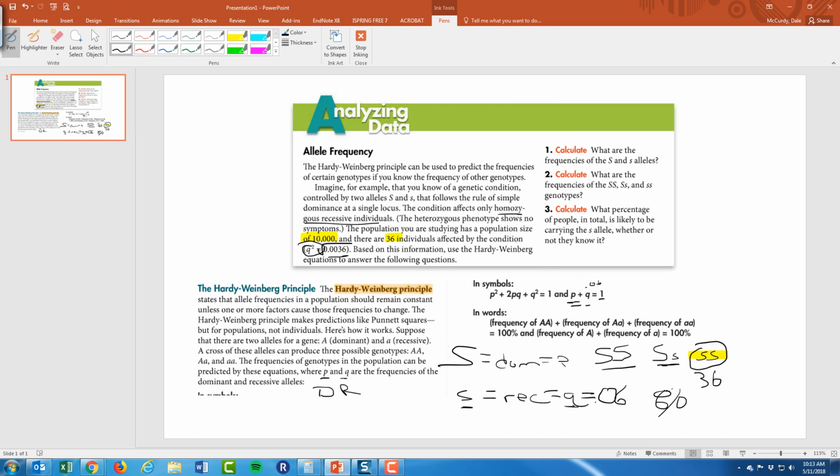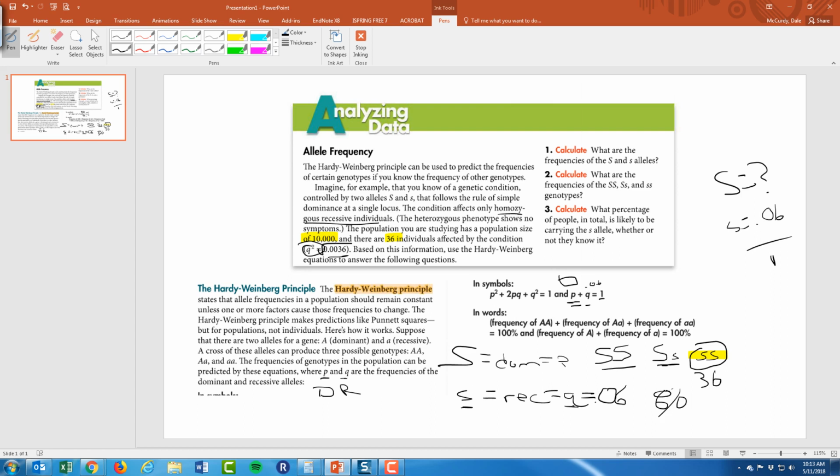All right, so calculate that out, and that is the answer for big S, which is your dominant trait, which is represented by p. So the frequencies, S is equal to something, little s is equal to 0.06. They both add up to be 1. So that's how you can figure out the distributions of the big S and little s.